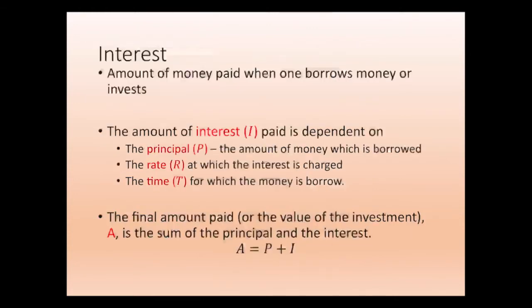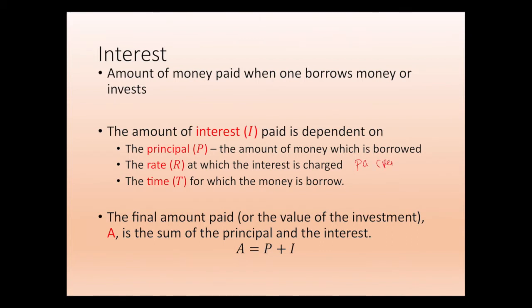Let's have a look at how we calculate interest. Interest is the amount of money paid when one borrows money or invests. So the amount of interest paid is dependent on the principal, the initial amount of money which is borrowed, the rate at which the interest is charged, and generally is in terms of year, which is per annum.